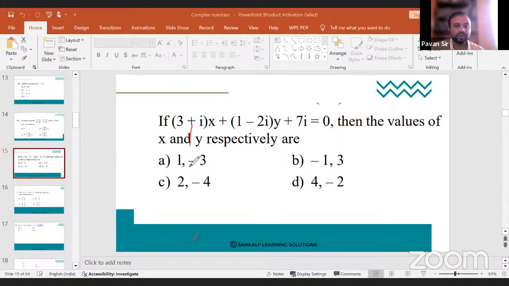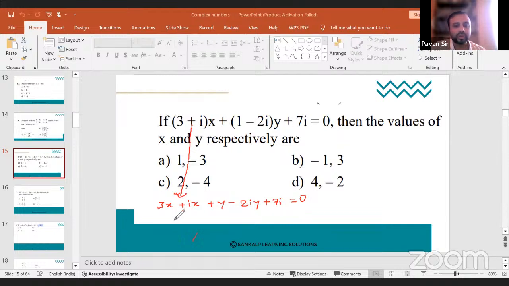After simplification of the first bracket, I will write directly here. It is 3 into x is 3x, plus i into x is ix, plus 1 into y is y, minus 2iy, plus 7i, is equal to 0.